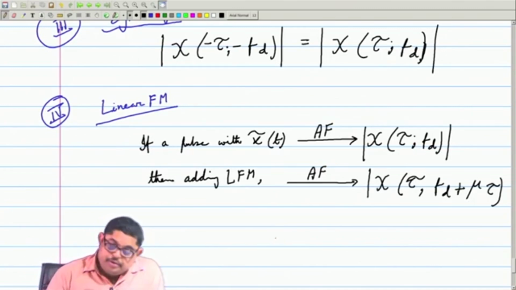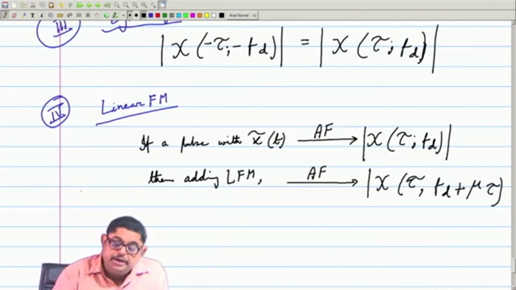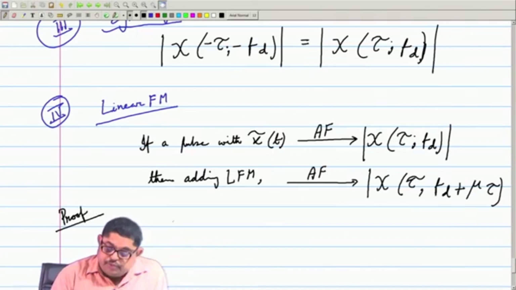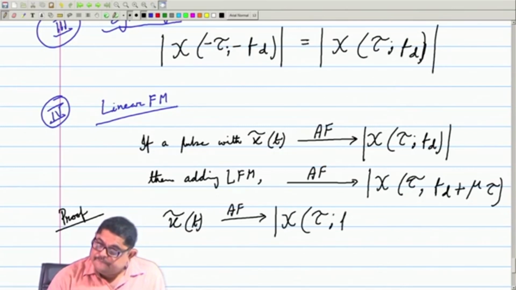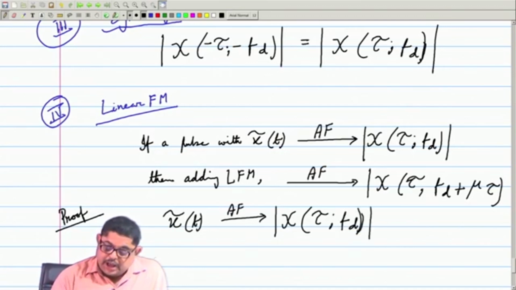We can easily prove this property mathematically. The first part, x(t), has its ambiguity function as given.